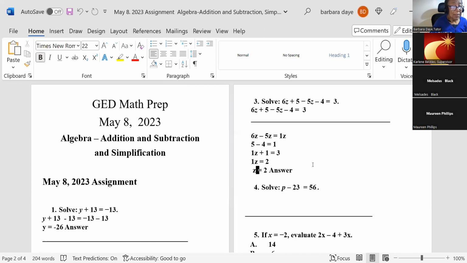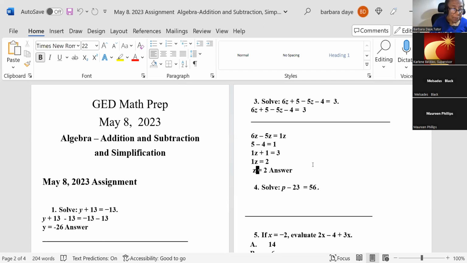You can't combine a z and an x. They have to have the same variable, and then you work with just the coefficients. And then the constants are just the numbers. Questions on number 3?